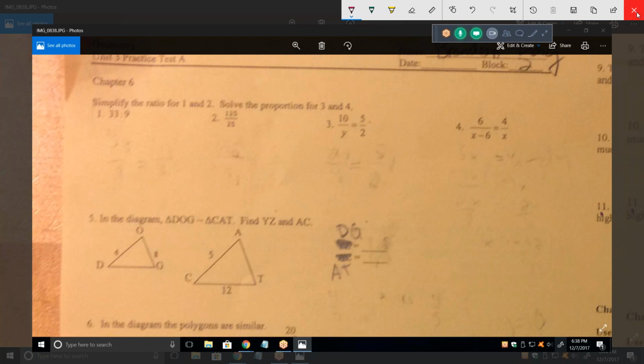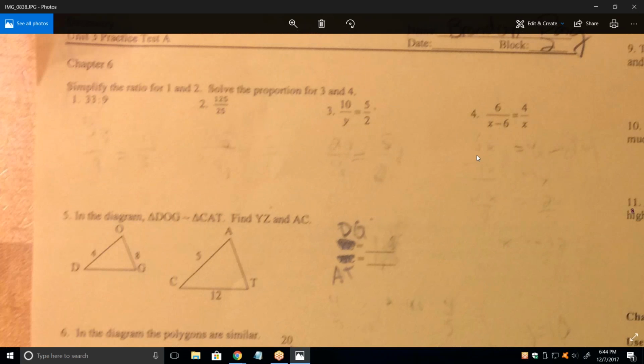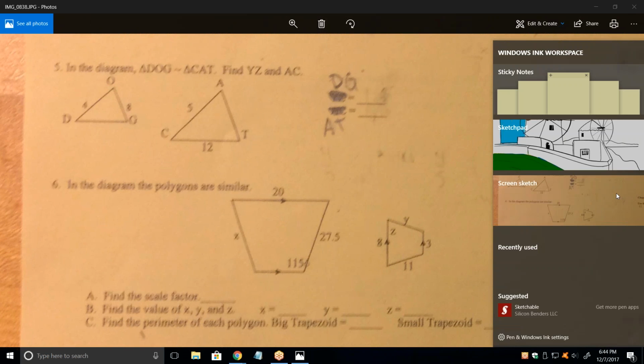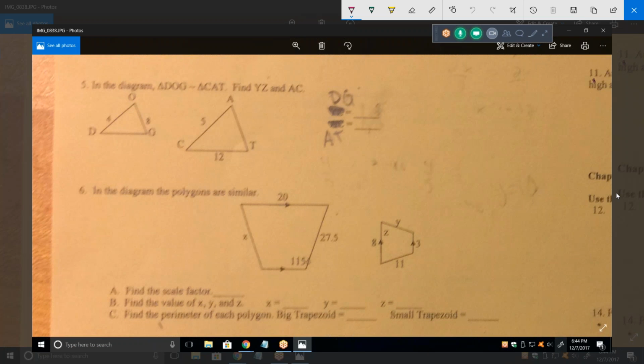All right, let's scroll down to 5, where we have triangle dog and triangle cat. And they are similar. Yeah, tell my dog and cat that. What is y?